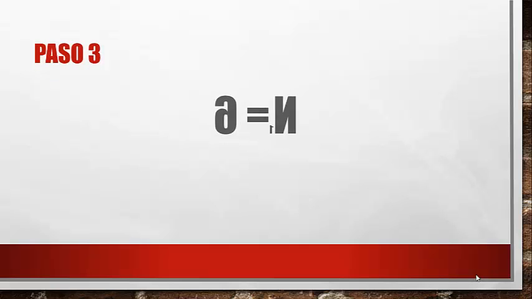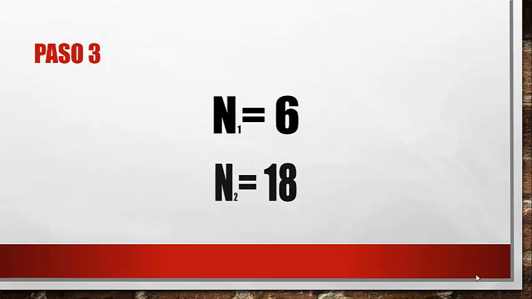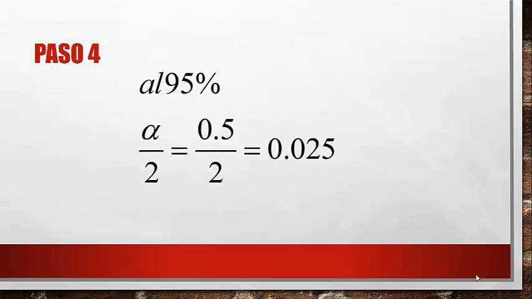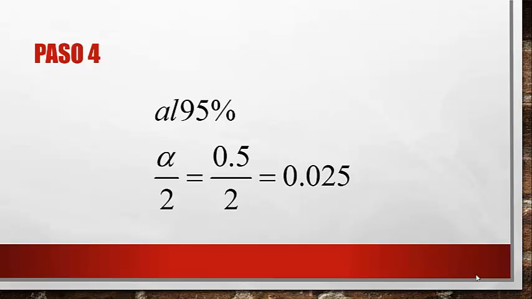Step 3. N sub 1 represents the amount of data in the column and the total number N sub 2 data. Step 4. In this way we have a 95% confidence, and an alpha of 5%.